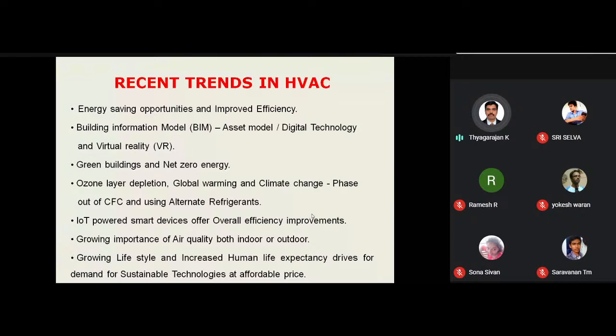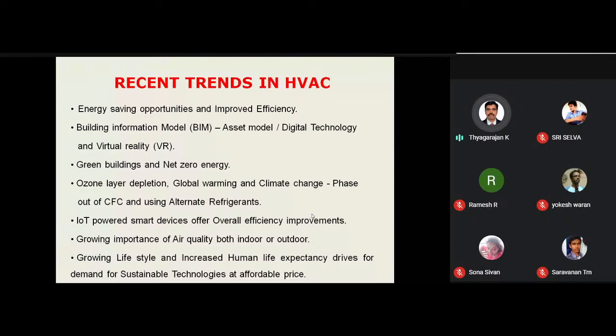Even though we are using HFC, hydrofluorocarbon refrigerants like R22, the global warming potential is still high, and researchers are working on how to look for alternate refrigerants. So this is an area where research is going on. Currently, we are following mostly HFC refrigerants.